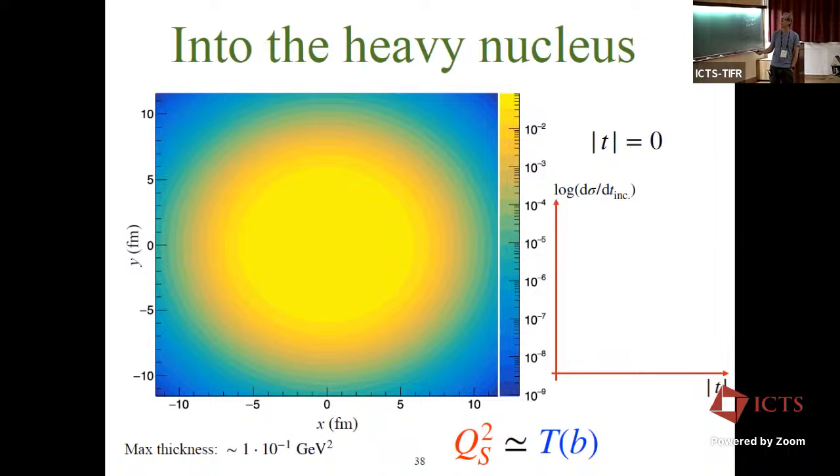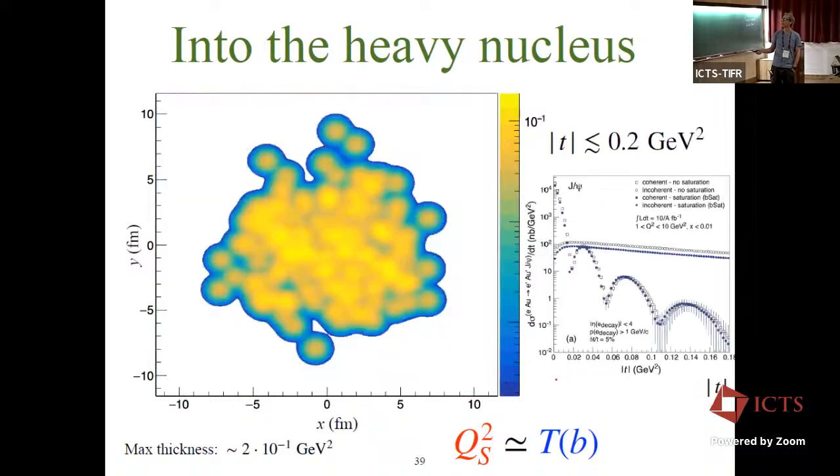So here in the Woods-Saxon distribution, we see that we have a maximum thickness of about 10 to the minus 1, which is in this region here. If I add the collection of nucleons to that, we see that we get some spots here which are hotter. So this will, of course, vary from event to event, where and how hot these spots get, because this is the projection of the 3D nucleus into 2 dimensions, remember?